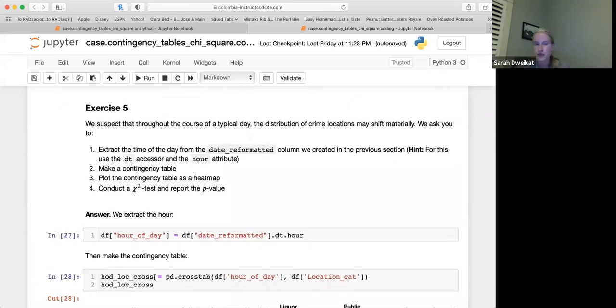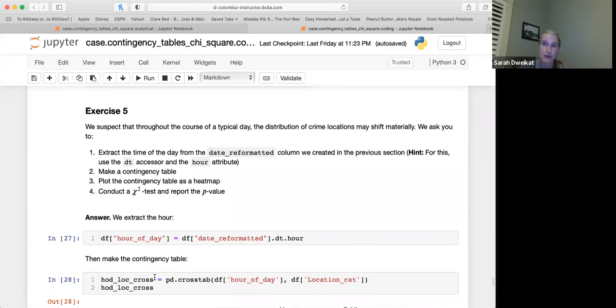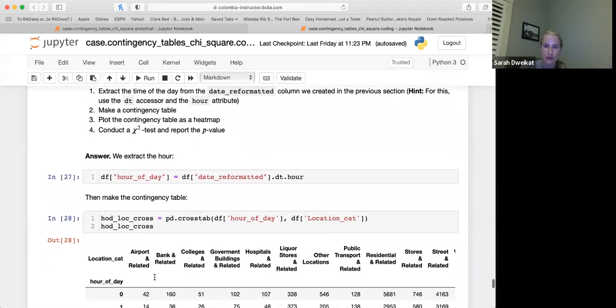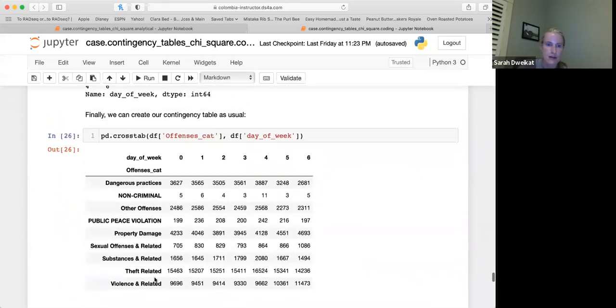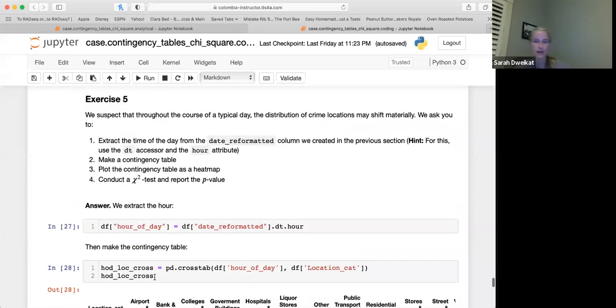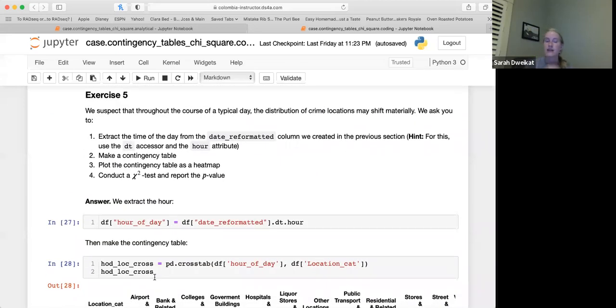Remember, our hypothesis was, is there a relationship between day of the week and the type of crime? Actually, for exercise 5, it's hour. So we're going to look at whether the time of day is related to the type of crime.